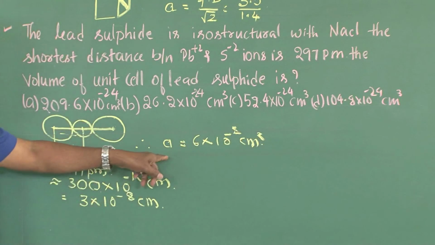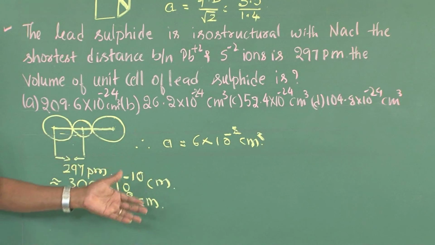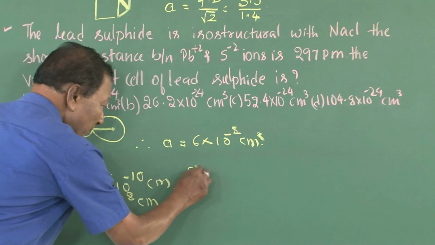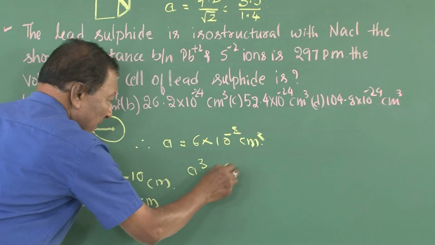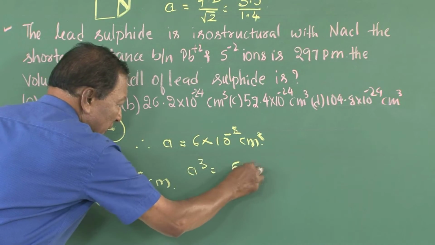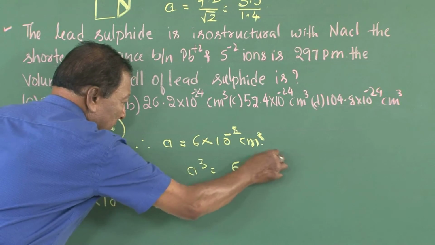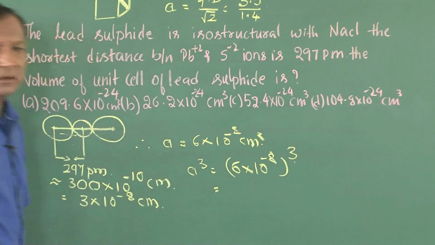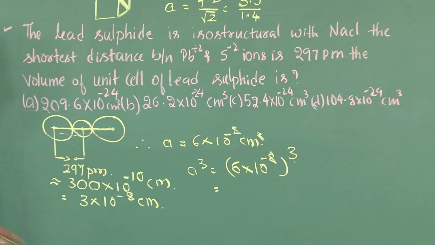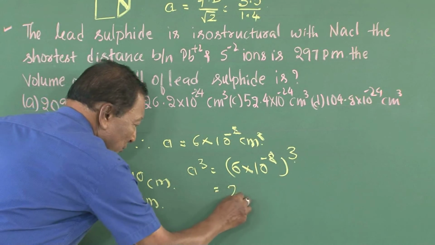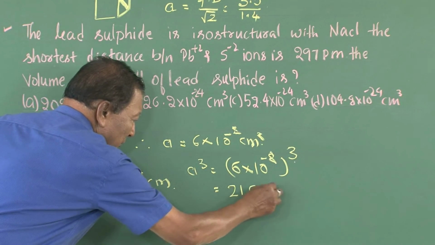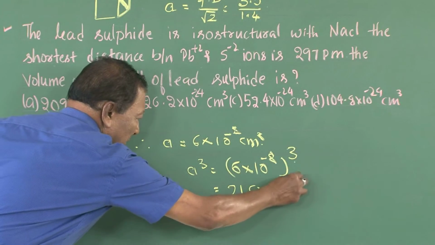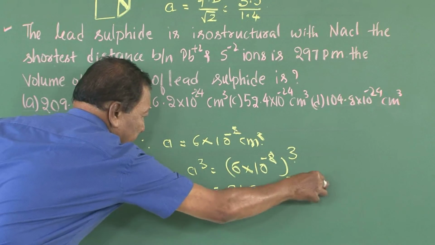It is the edge. And what is the volume? A cube will be the volume, and this is equal to 6 into 10 raised to minus 8, whole raised to 3. And I know 6 raised to 3 is 216. So it is 216 into 10 raised to minus 24 centimeter cube.